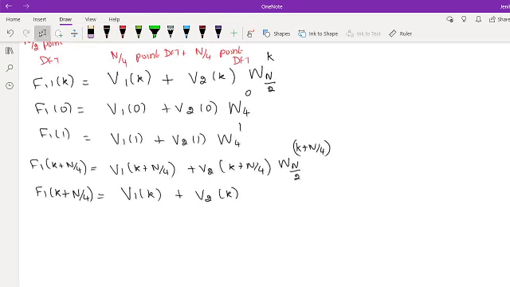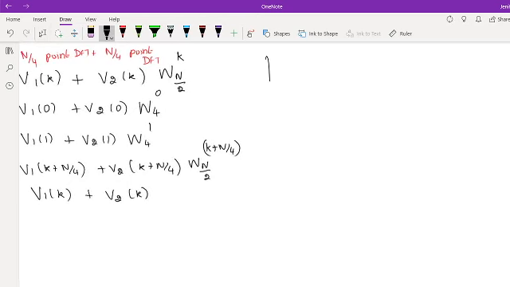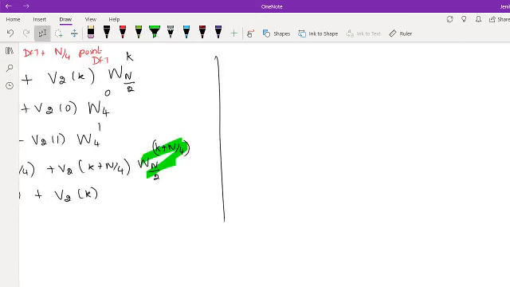And the W_N, the last term for this part, I am selecting that one. So W_{N/2} power k plus N by 4, that is equal to W_{N/2} power k into W_{N/2} power N by 4.